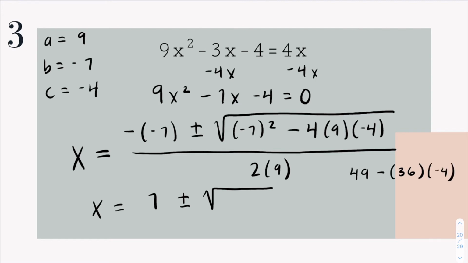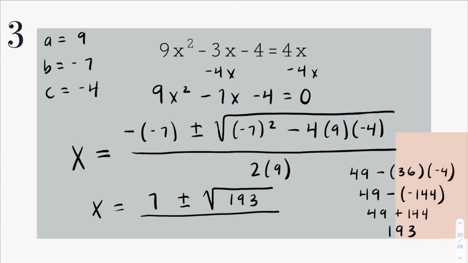And 36 times negative 4 gives us a negative 144. And so then adding those together, we get 193 as our discriminant, all over 2 times 9, which is 18.